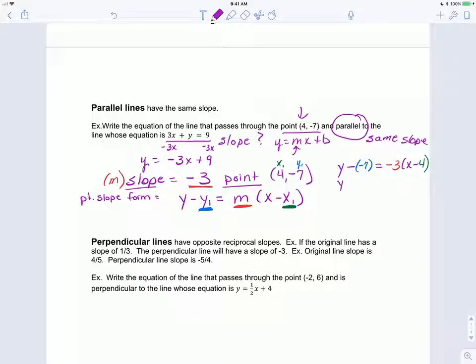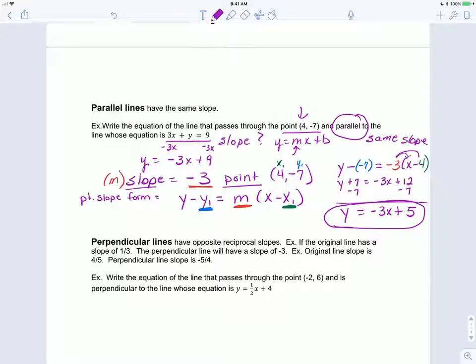So that gives us y plus 7 is equal to, and we're distributing that -3, so -3 times x is -3x, -3 times -4 is positive 12. Then all we have to do is move that 7 over to get the equation y is equal to -3x plus 5. And that's the equation to that line.